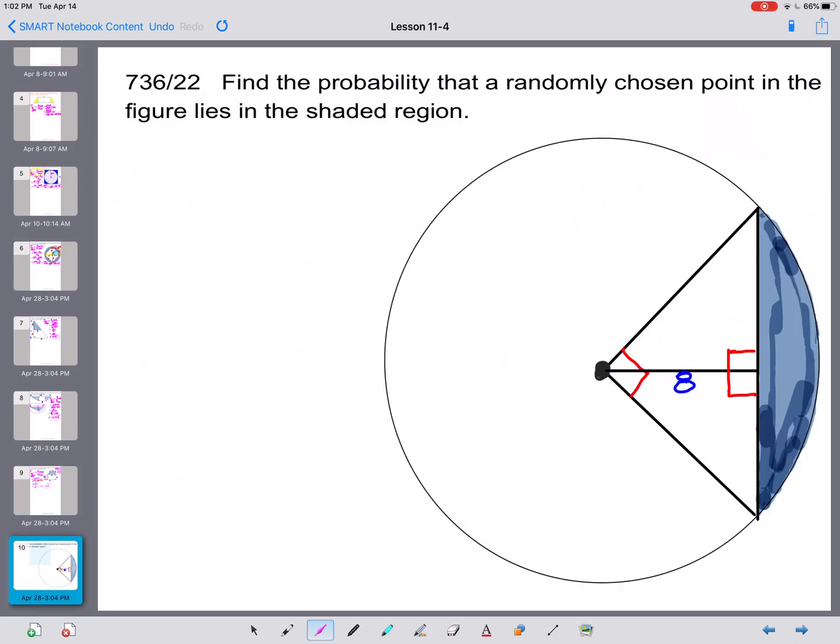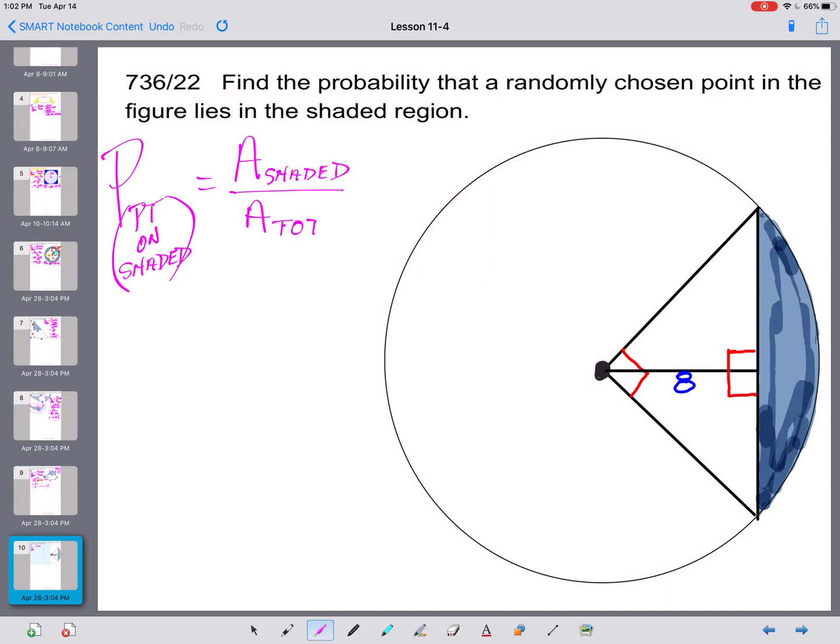Again, they want us to find the probability that the point chosen at random is on the shaded region. Here it is once again: area shaded divided by area total.